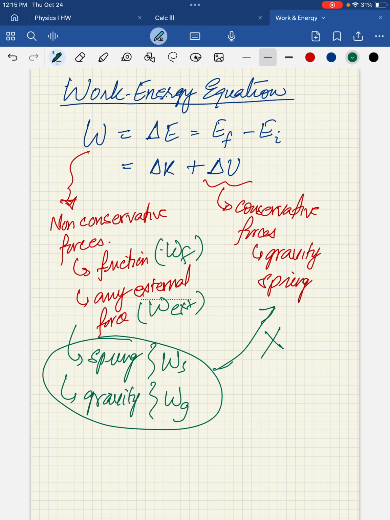Many times the question may ask what is the work done by the spring or what is the work done by gravity.